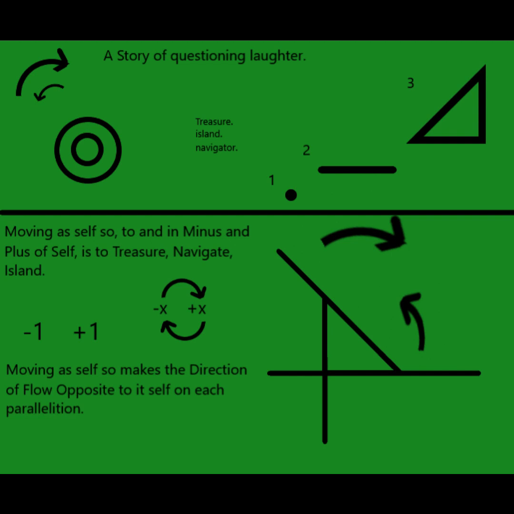I begin. As you can see on this first page, we're going to have just 3 pages. So the first page is going to present this, and the meaning of this is that you can treasure, you can island, and you can navigate. Okay, there is treasure, there is island, and there is navigator.